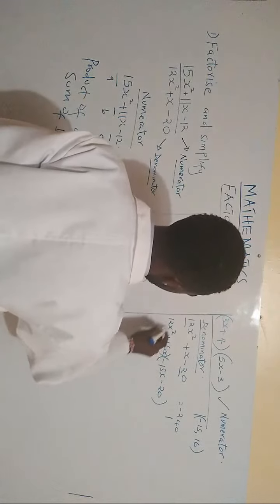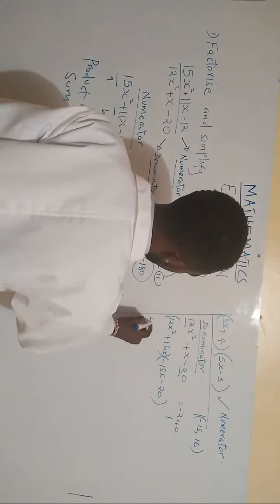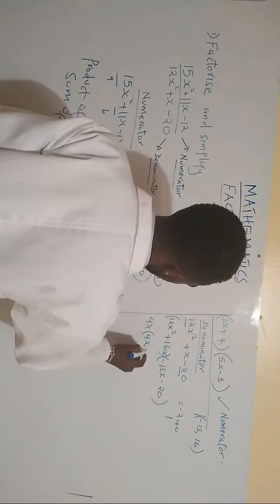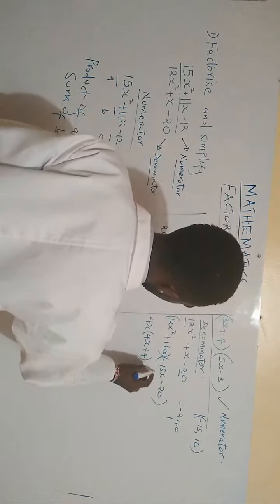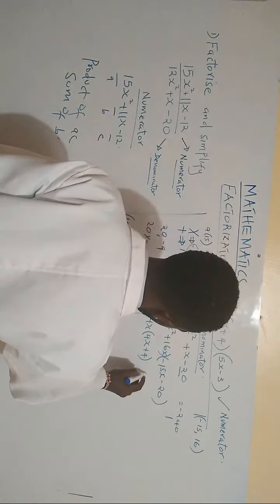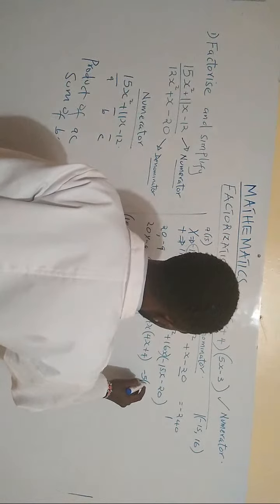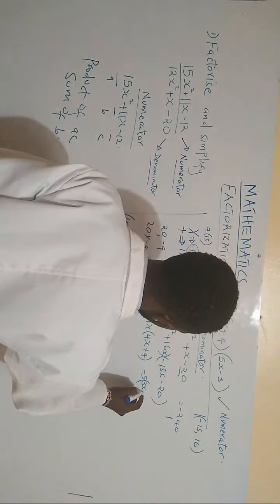Then we factor these out. We have 4x into 3x plus 4, and then we can factor out negative 5, which gives a positive 3x plus 4.